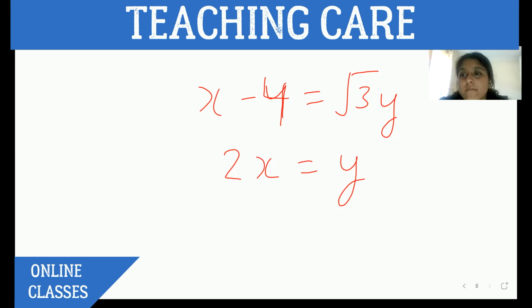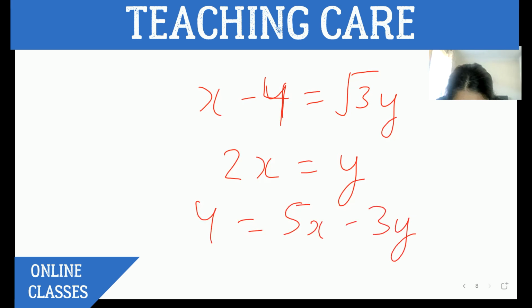Next is 4 is equal to 5x minus 3y. It will be 5x minus 3y minus 4 equals 0.